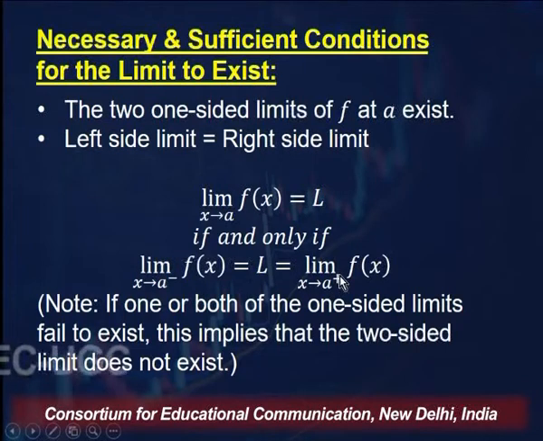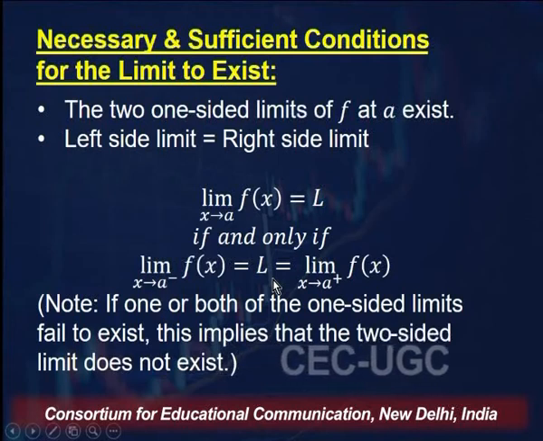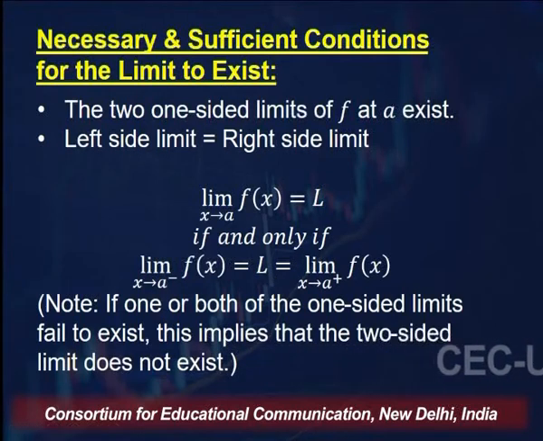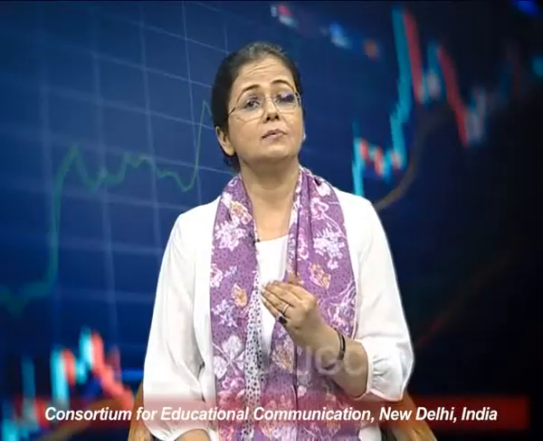Both the left side limit and the right side limit have to be equal, and equal to L in this case. So first of all, the one-sided limits have to exist, and both these limits should be equal to each other.